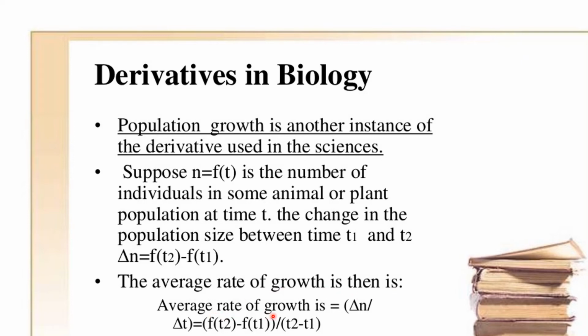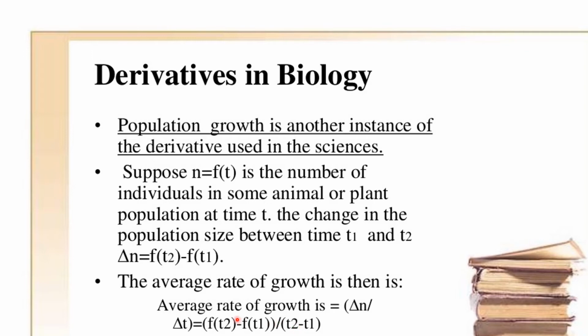The average rate of growth is equal to delta n by delta t, that is, f(t2) minus f(t1) divided by t2 minus t1.